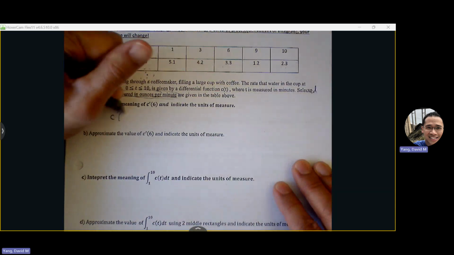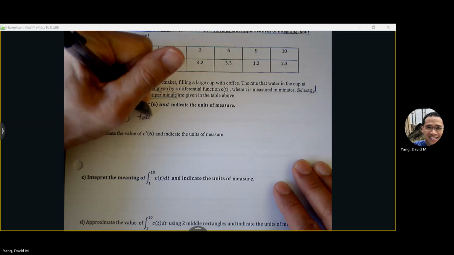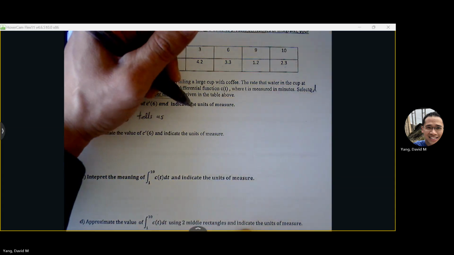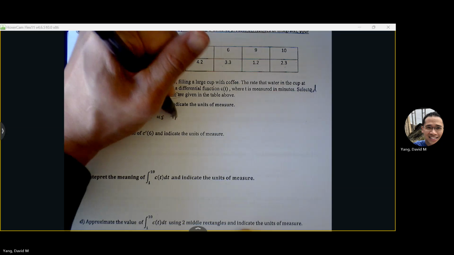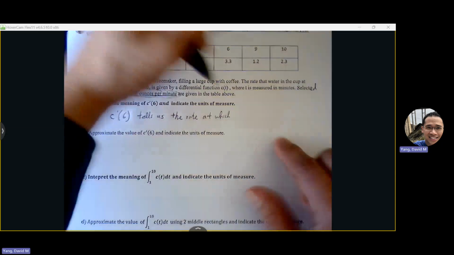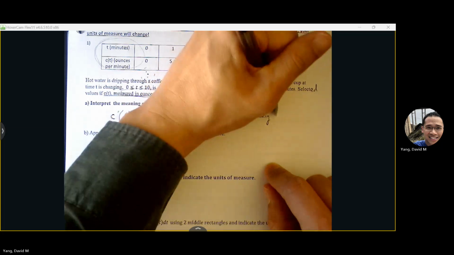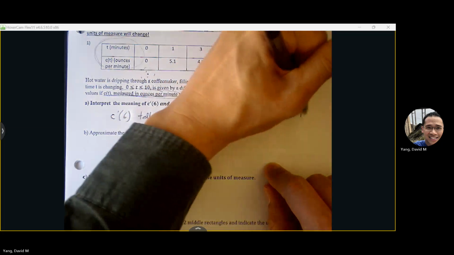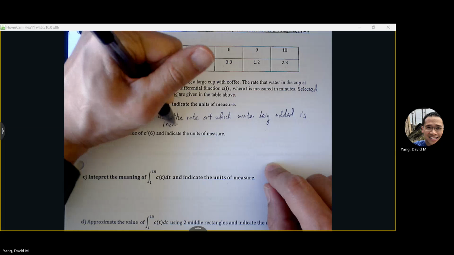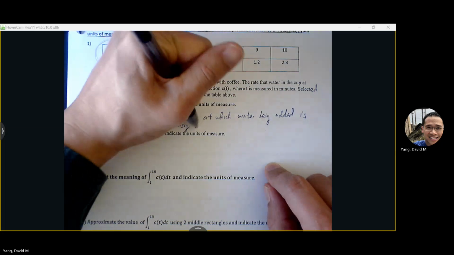So C prime of 6 tells us the rate at which water being added is increasing or decreasing.